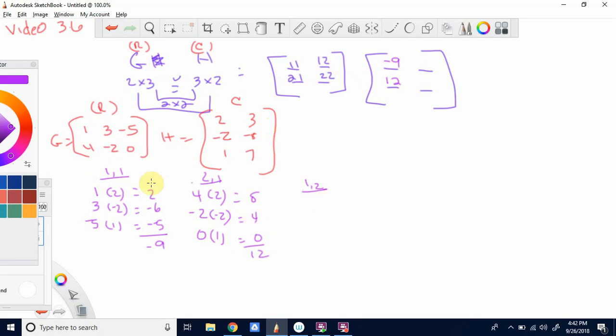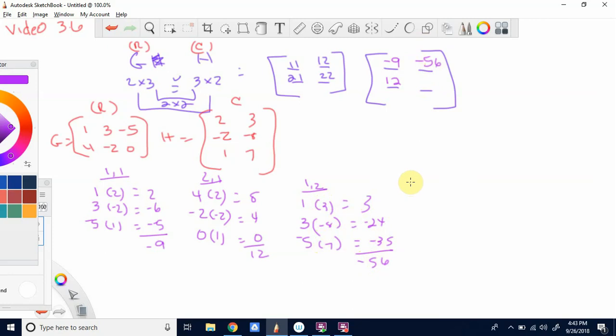All right, so 1, comma 2. So row 1, 1, 3, negative 5, column 2, times 3, times negative 8, times 7. I'm going to get 3, negative 24, negative 35. I'm going to take the sum of these, and it's going to result in negative 56. That's going to go right here.